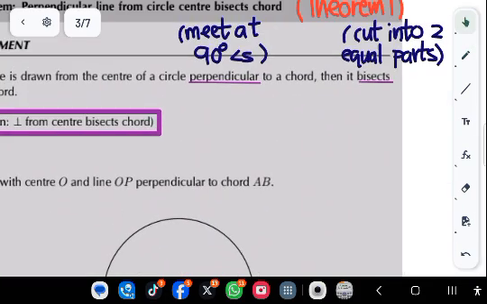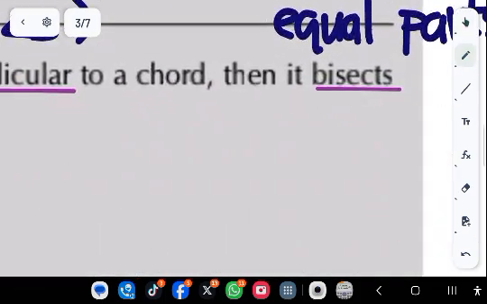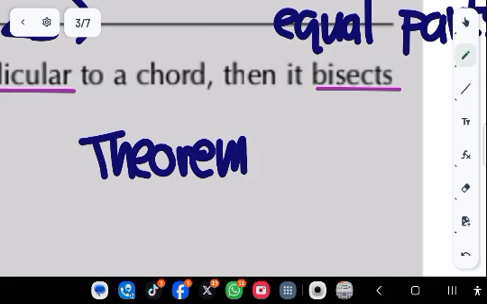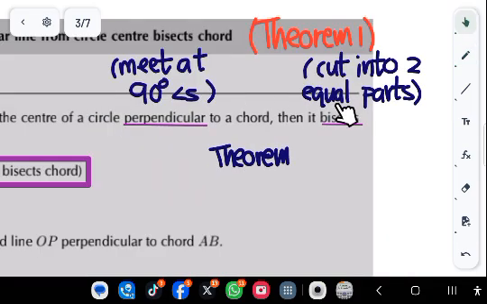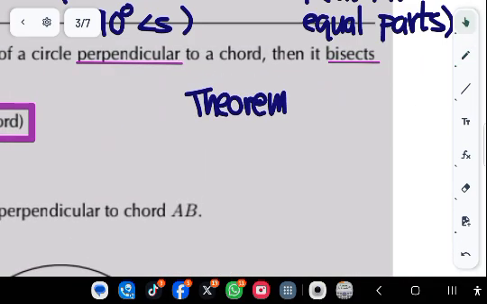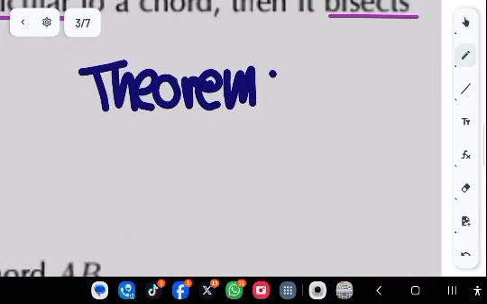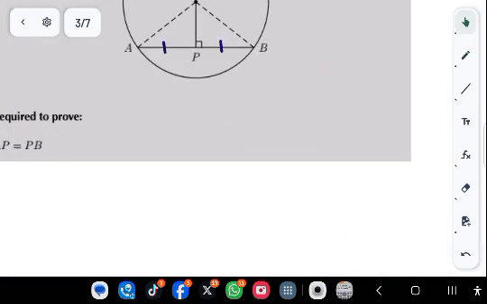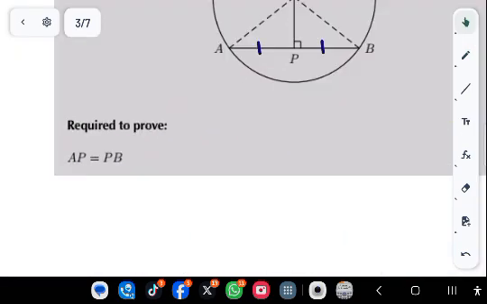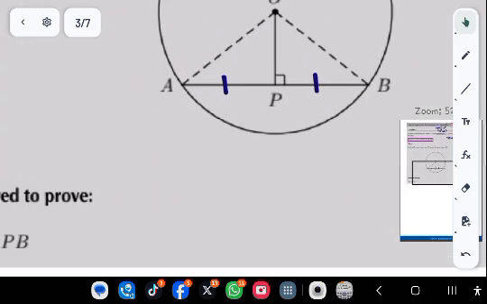Right, so that's step number 1, the theorem. We've understood the theorem. We've annotated the theorem. And here it is. So there is the theorem. Now, let's look at what we are required to prove. From the theorem, this is what we are required to prove.